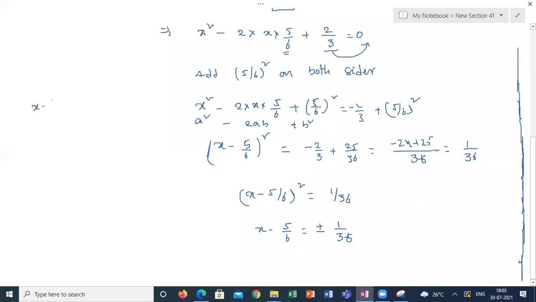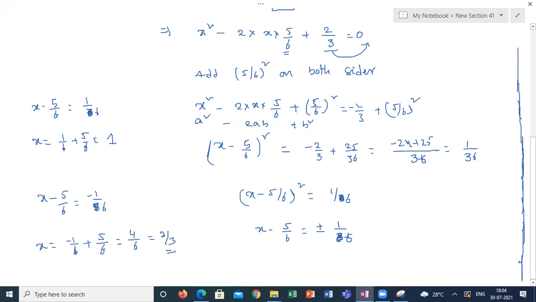Take x minus 5 by 6 is equal to 1 by 6 and x minus 5 by 6 is equal to minus 1 by 6. Solving these linear equations, x is equal to 1 by 6 plus 5 by 6, that is 1, and x is equal to minus 1 by 6 plus 5 by 6, that is 4 by 6, that is 2 by 3. This is how this method is applicable for any equation if the roots exist.